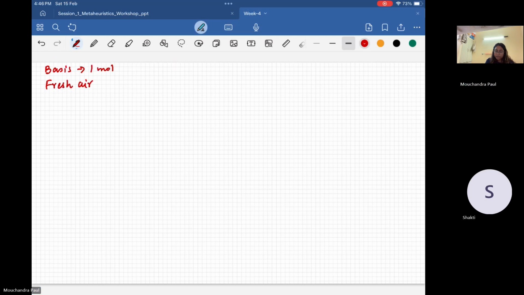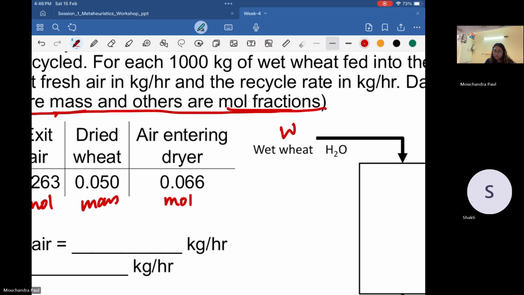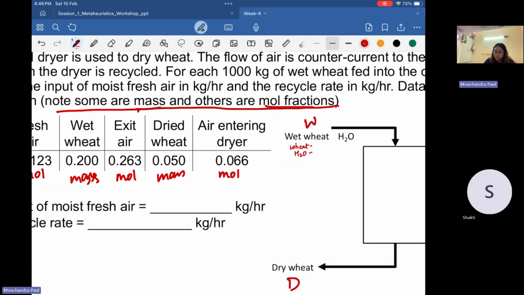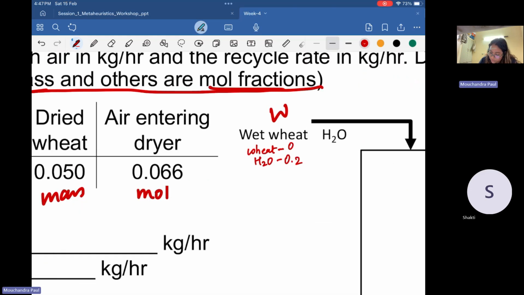One more thing, let me quickly write the values of water and all the components in the figure so that it makes more sense. Wet wheat has two components, wheat and water. Water is 0.2, so wheat will be 1 minus 0.2, that is 0.8.